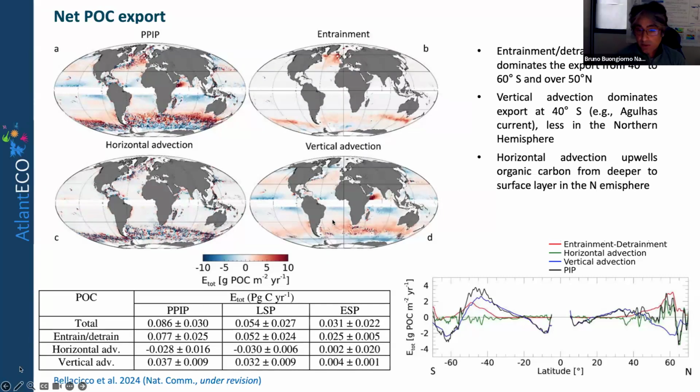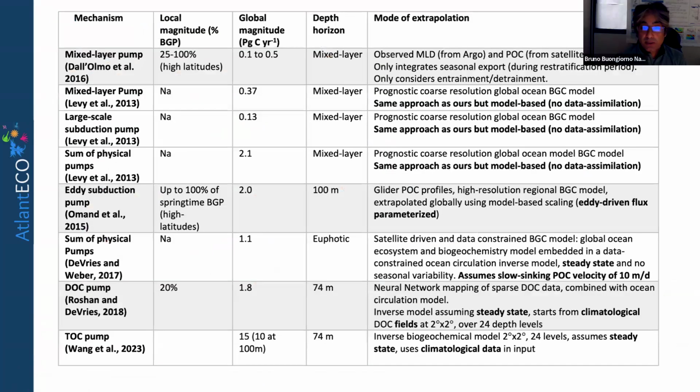Of course, here we are not including any sinking rate in this calculation. So this is just the passive transport of POC that is considered buoyant in these calculations. And we compare these numbers with literature. So we are close to some of the values already provided. In some cases, we have much lower numbers.